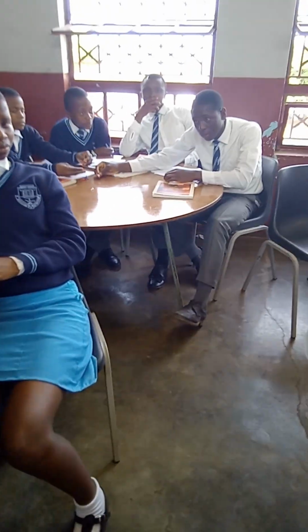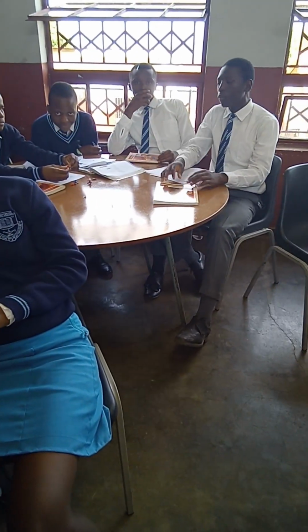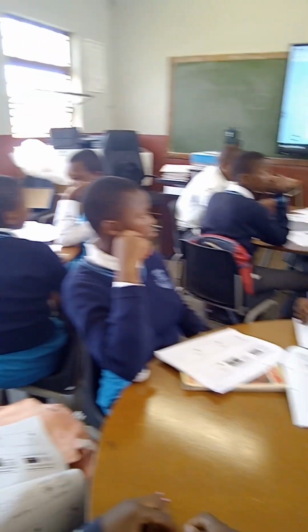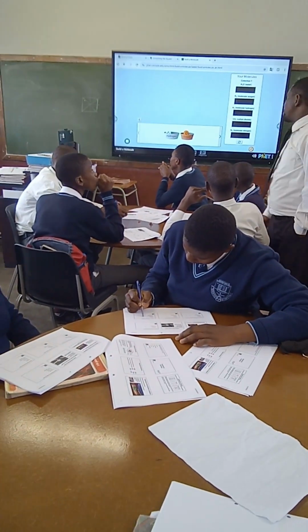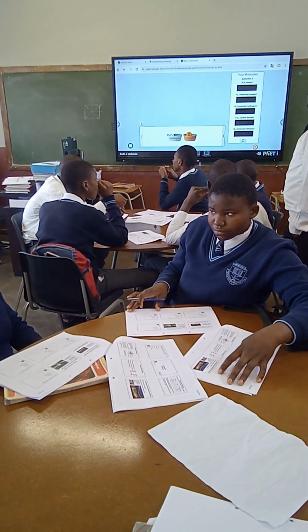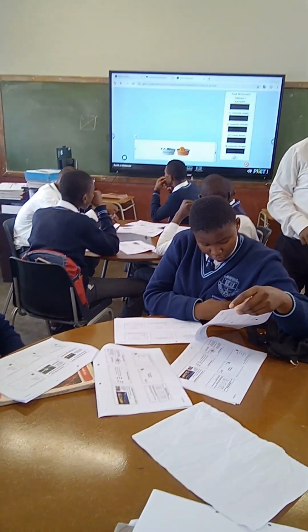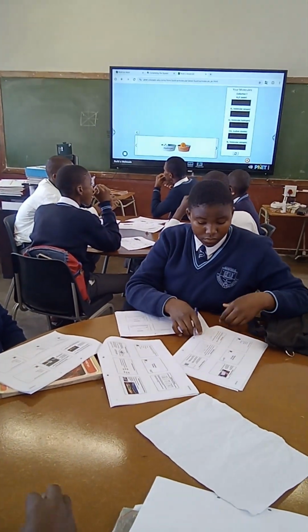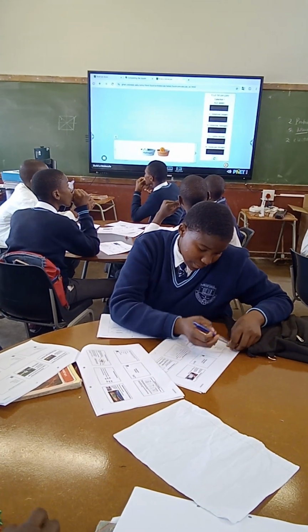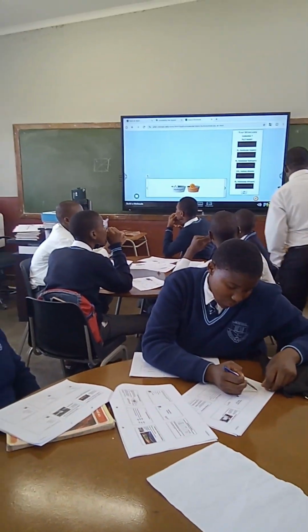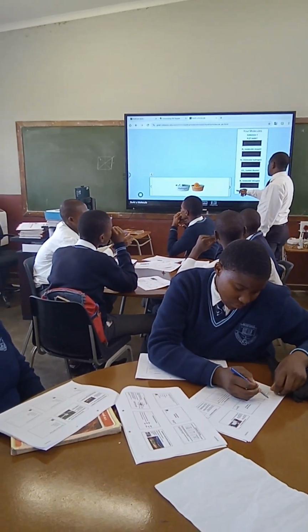For example, as I have said, somebody is supposed to form the molecule for water on the board. Or shall I do it for you? I can't do water because it's simple. Let me continue with this.